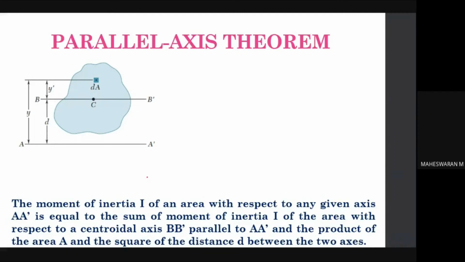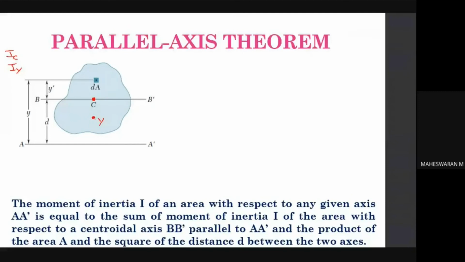For example, this is my shaded area, and if I consider this is my point C, for this point C I will get one moment of inertia. If I shift my point, for example to a point here, which is Y, at this location I have a different moment of inertia. This is not equal. So IC is not equal to IY.